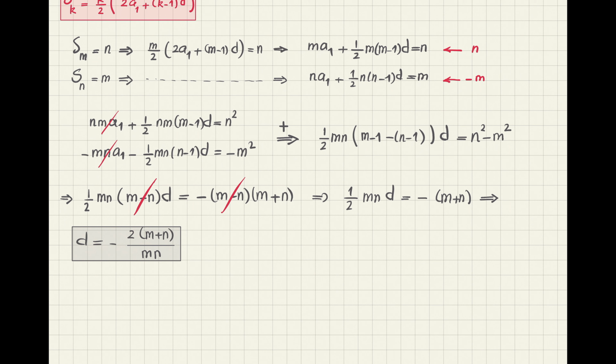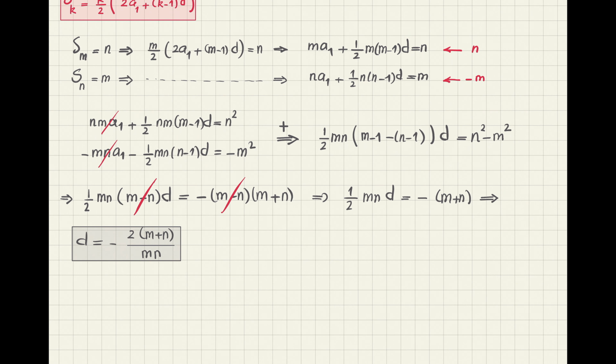Okay, so this is my d in terms of m and n. Now I need to go to one of these equations, either here or there, and just replace d with this expression. Then this becomes an equation in terms of a1, and I can solve and find a1. Of course, there is some algebra going on, but these are elementary, I would call them.